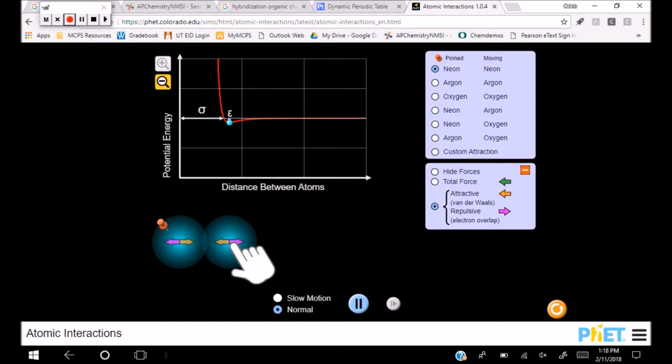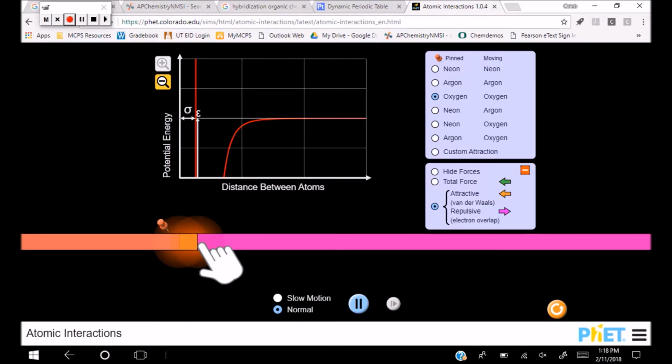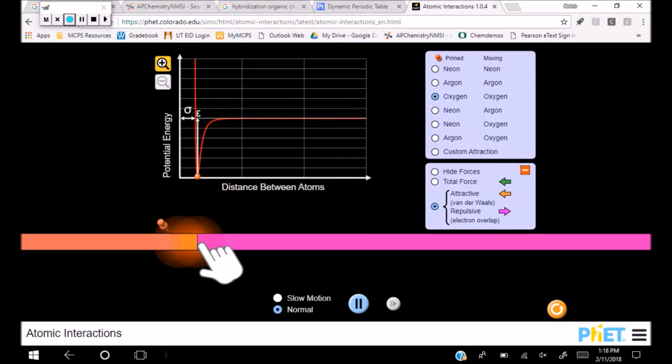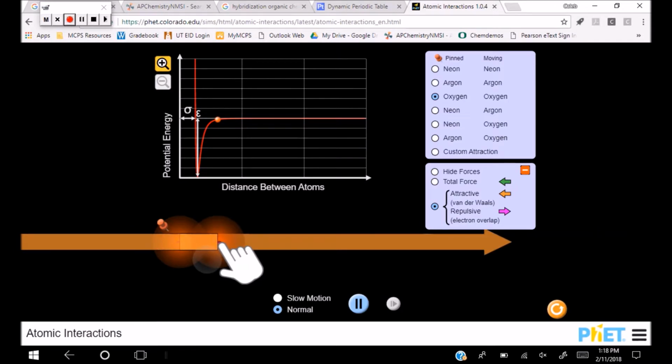If we look at something like oxygen, which is diatomic, this one, I'll have to zoom out. If you think about diatomic molecules, we know things like oxygen only exist as diatomic, and that's because of the overlap of the electron clouds and the amount of positive charge, it's a very large force. And as I start to move these things away and decrease that force, we're no longer at a minimum energy here.